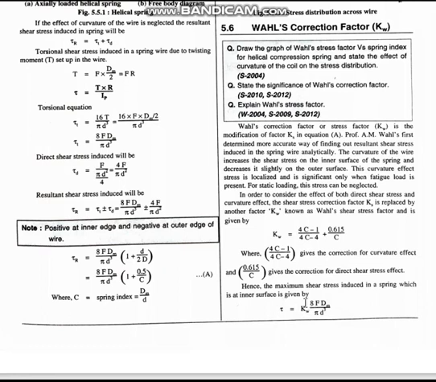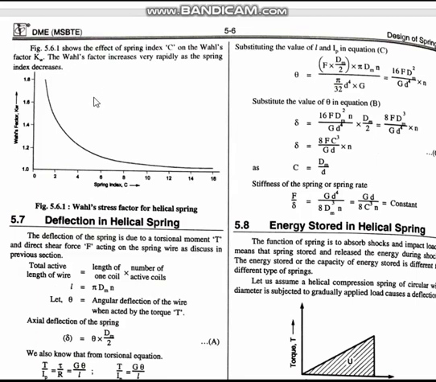Kw is the Wahl's correction factor. 8 is a constant. F is the actual load that is coming upon the spring. Capital Dm is the mean diameter, pi is a constant, small d is the wire diameter. Now you know all these things, so you will be able to estimate the shear stress induced in the wire.